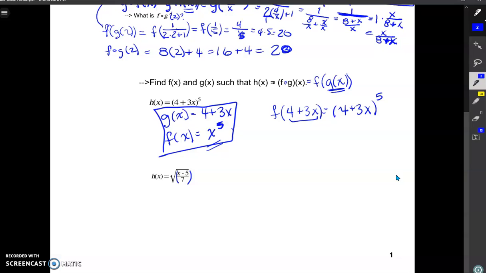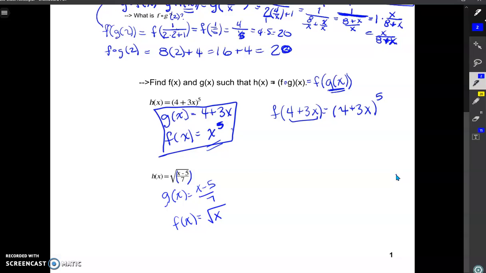So the inner function is our g of x. And our outer function is, what are we doing to that? We're taking the square root of it. So the f of x is the square root of whatever you're taking the function of.